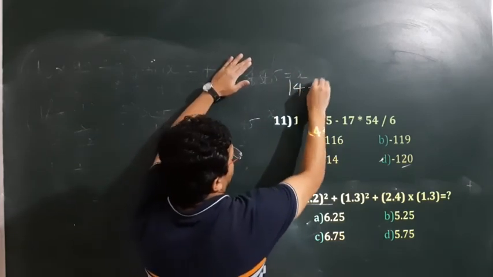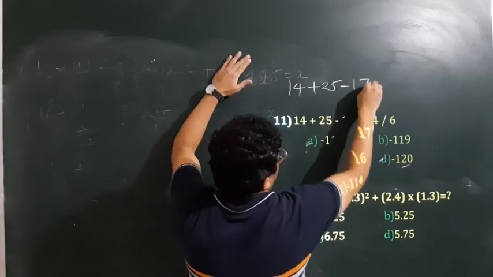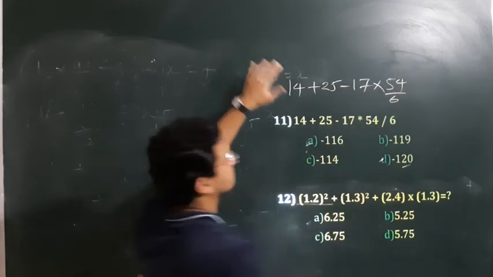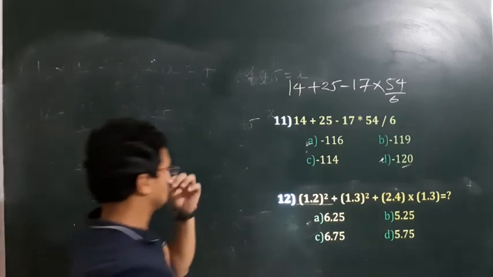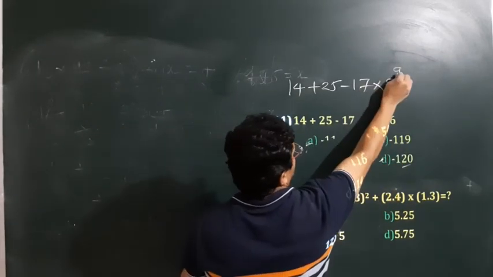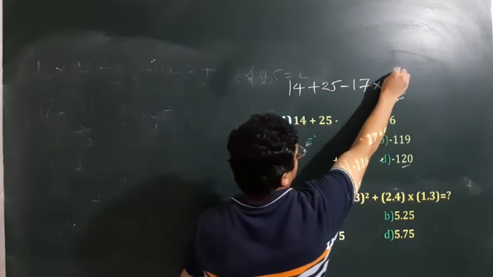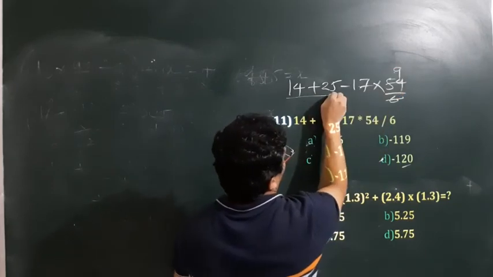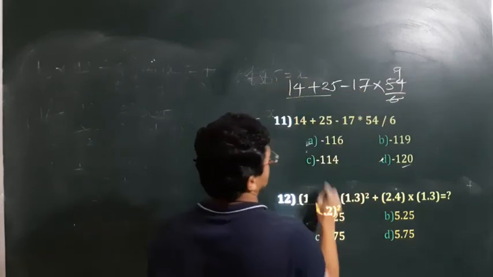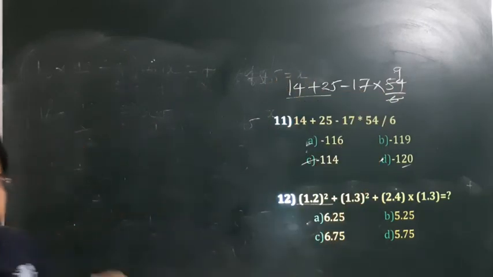Such a type: 14 plus 25 minus 17 multiplied by 54 divided by 6. First the 6 9s are cancelled out, so 17 minus 17 multiplied by a certain number, then 14 plus 25, then this number minus that number, you will get the answer as minus 114.